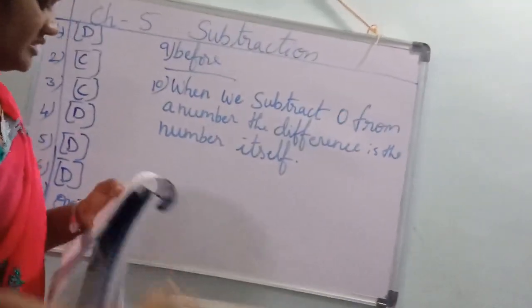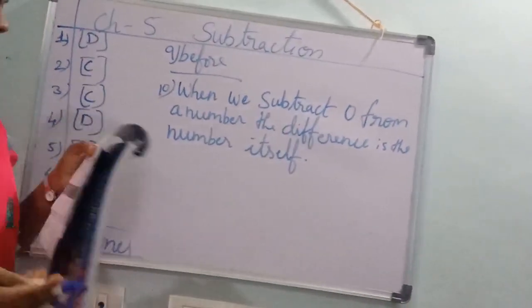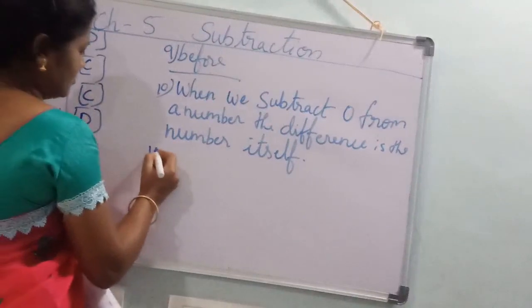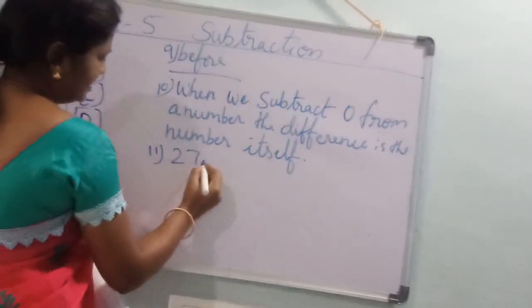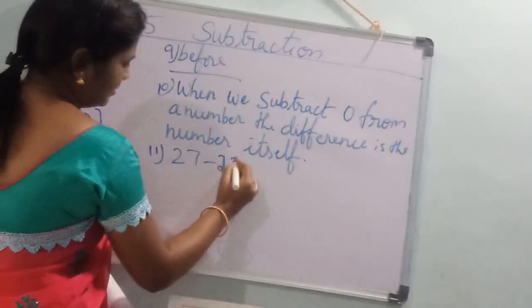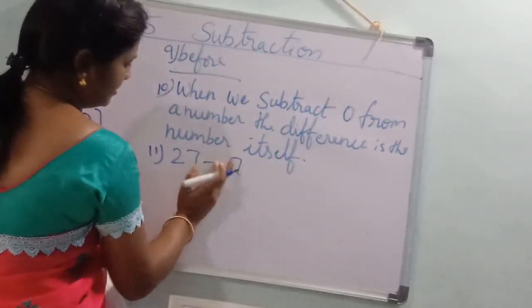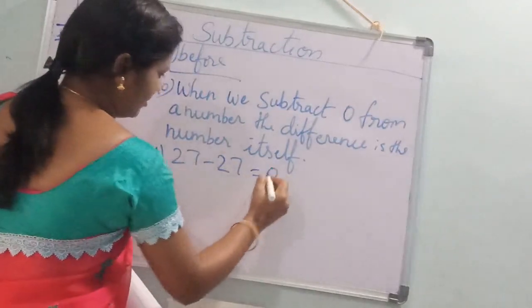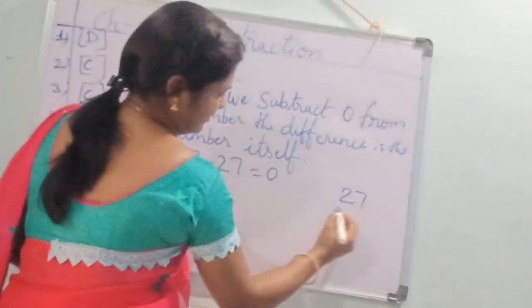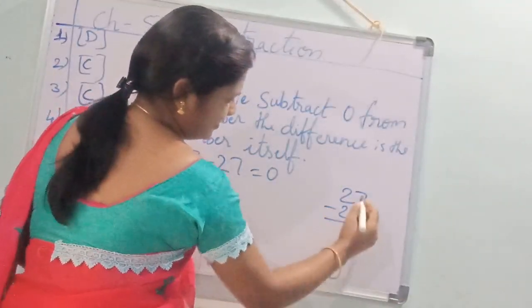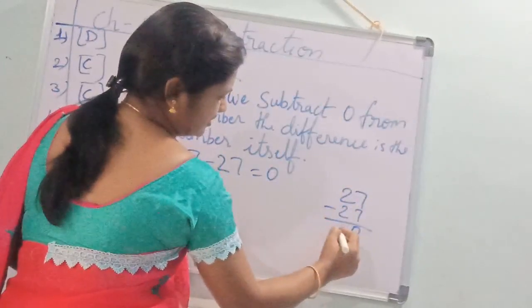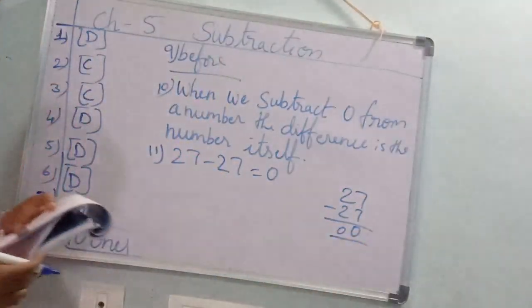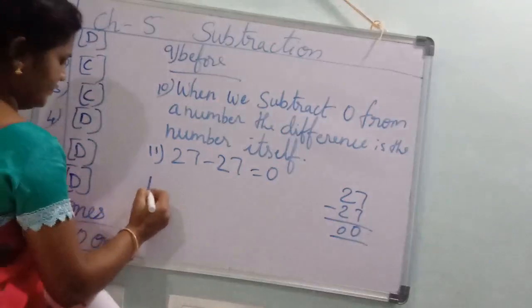Next, 11th one. Subtract 27 minus 27. What number will come? 0. Yes. 27 minus 27 is 0. What is the answer? 0 is the answer. 12th one.